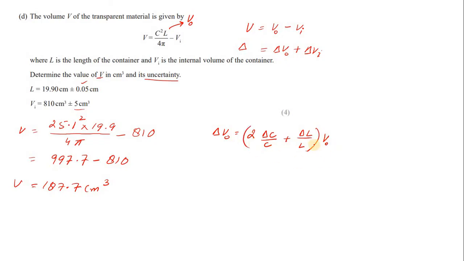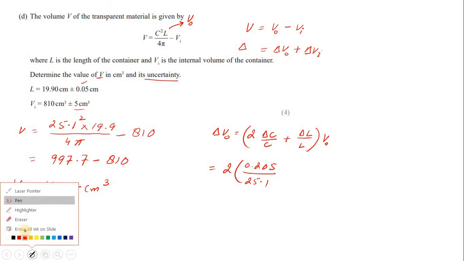This is the uncertainty in VO or outer volume. So twice of delta C, and delta C is 0.205 in the previous slide, and C is 25.1.